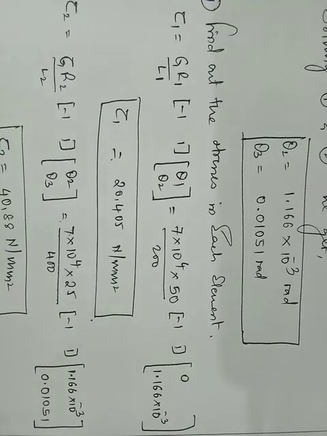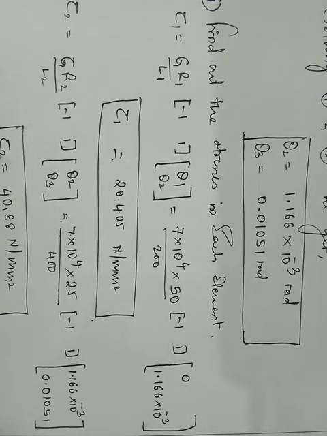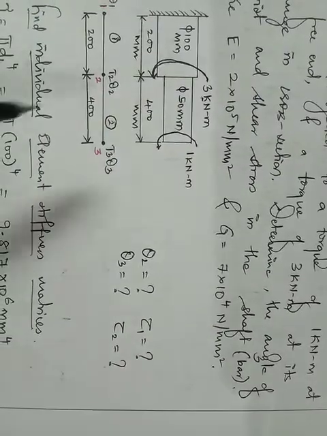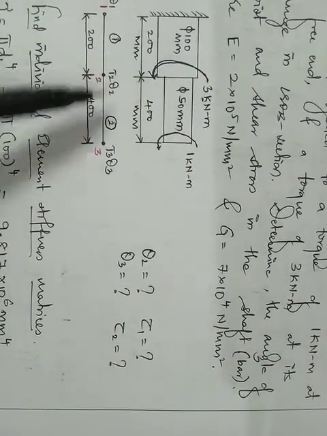square. Similarly for stress number 2, the formula is slightly going to change. R2 and L2, that is the change. G is going to remain the same, and here it is theta 2 and theta 3. Why theta 2 and theta 3? I am going for shear stress number 2. Shear stress number 2 is for element number 2, and for element number 2 the associated thetas are theta 2 and theta 3.